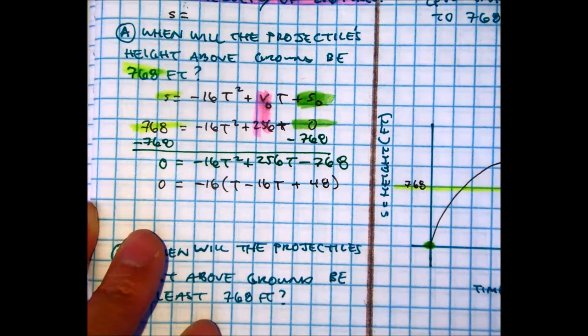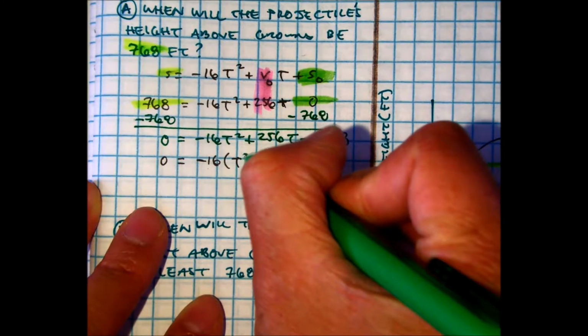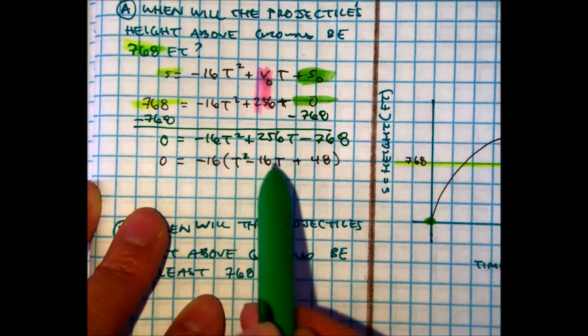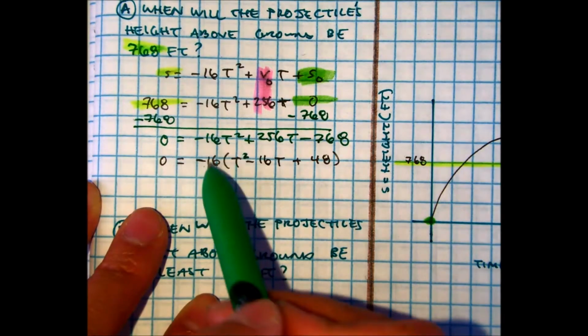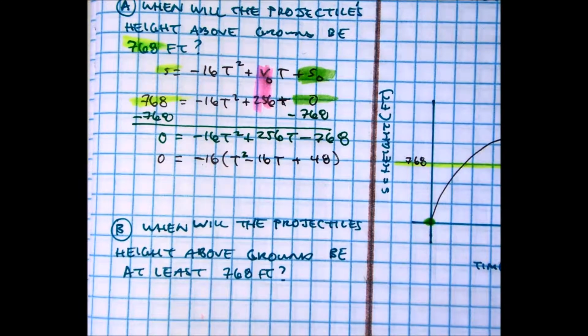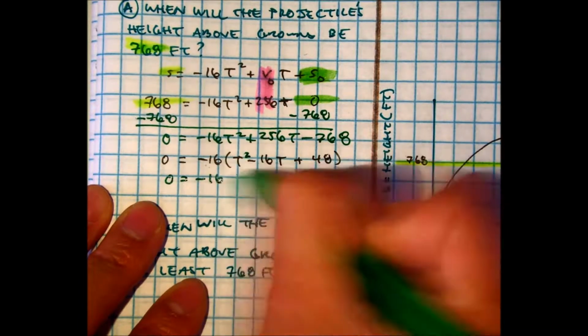I can always double check my answer by distributing. Negative 16 times t squared equals negative 16t squared. Negative 16 times negative 16t gives me positive 256t. And negative 16 times 48 gives me negative 768. I'm going to take a shot at factoring.